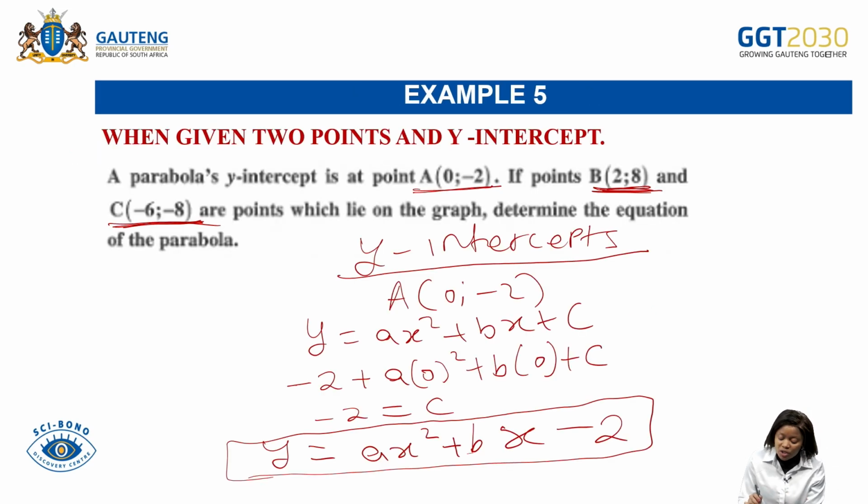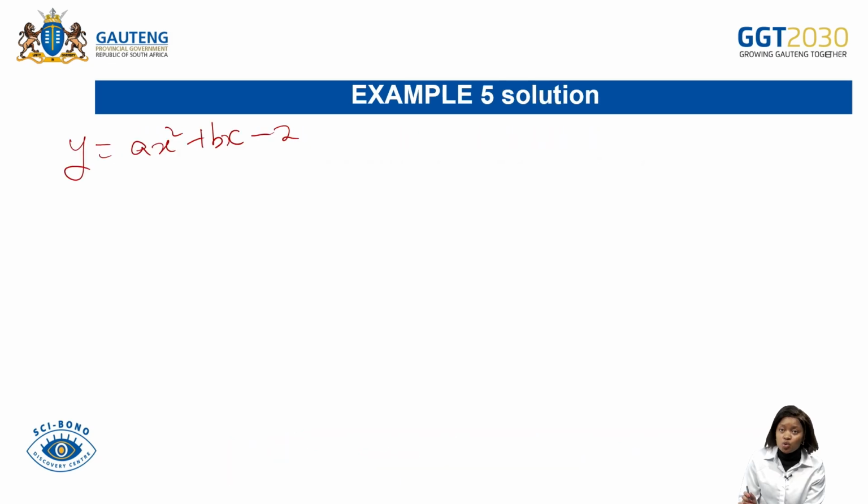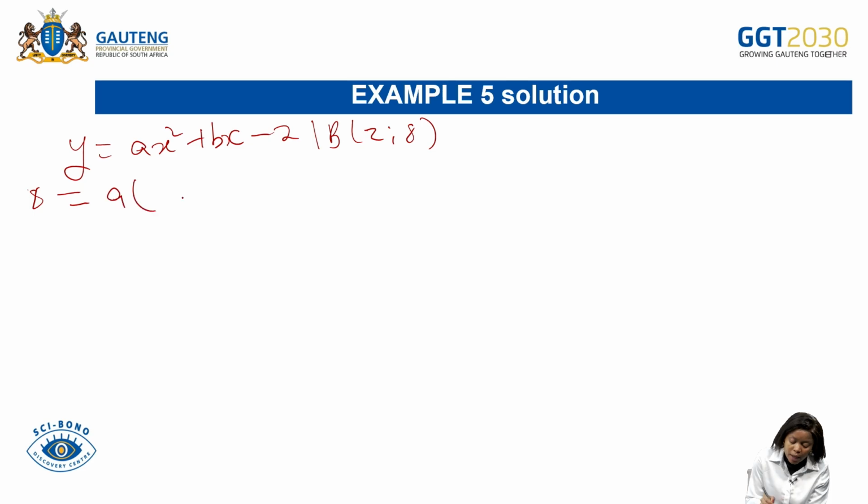We are going to substitute the first point, which is (2, 8). So I have my coordinate of B, which is (2, 8). When y is 8, x is 2. So where I see x, I substitute the 2, and I will have 8.